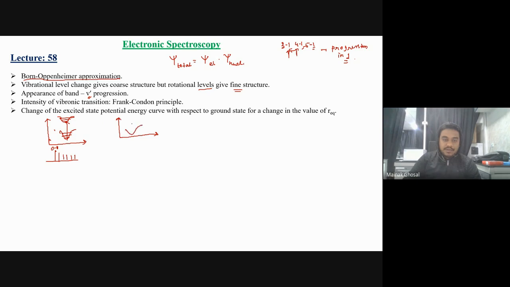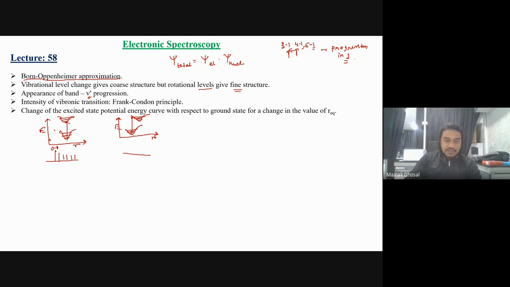Now suppose this is your ground state and this is your excited state. Here R equilibrium is slightly higher than R equilibrium in the ground state. Don't miss the axis; I just mixed up E and R. In this absorption spectrum, you see this line is very intense, not this line.